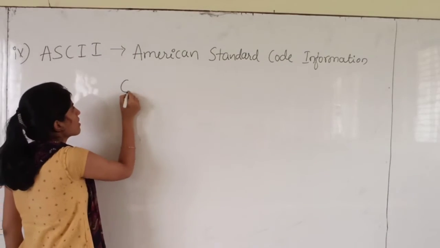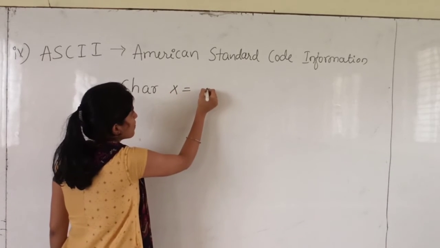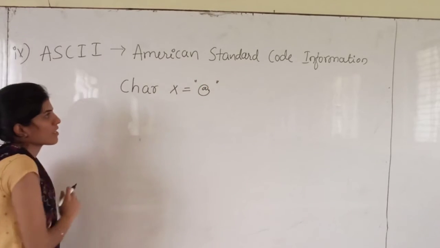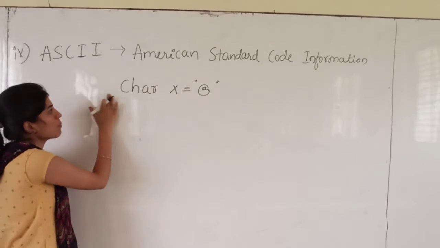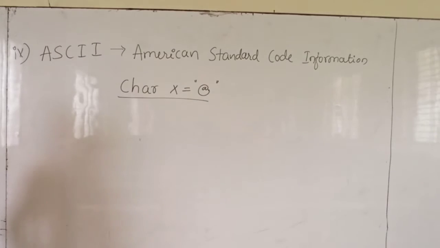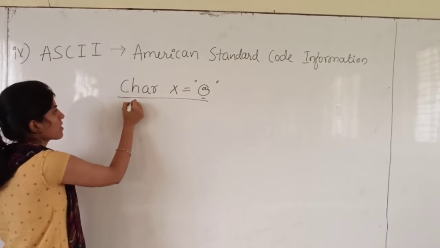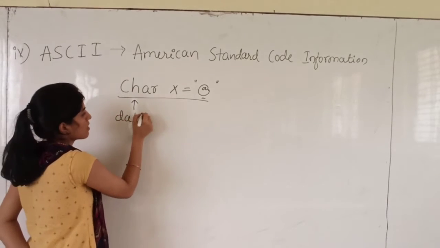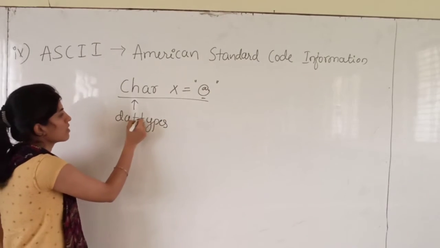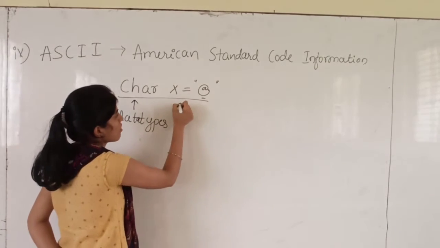See here, char x equal to at. If you write like this, meaning you give input data to the computer, it cannot understand what you mean by at. Here char is the data type, which shows what type of data it is; you can study the data types later. And x is called the variable.